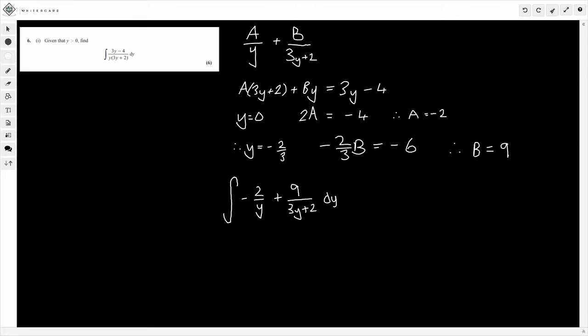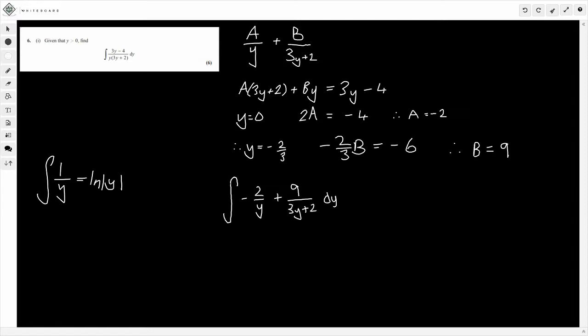Well, how do we perform this integration now? We're nearly there, just the last step. Remember, we do it individually, so we're integrating this minus 2 over y first. If this was 1 over y, remember this would be ln y. Now, we have to think about what the derivative of the denominator is. The derivative of y will be 1, but our numerator is minus 2.